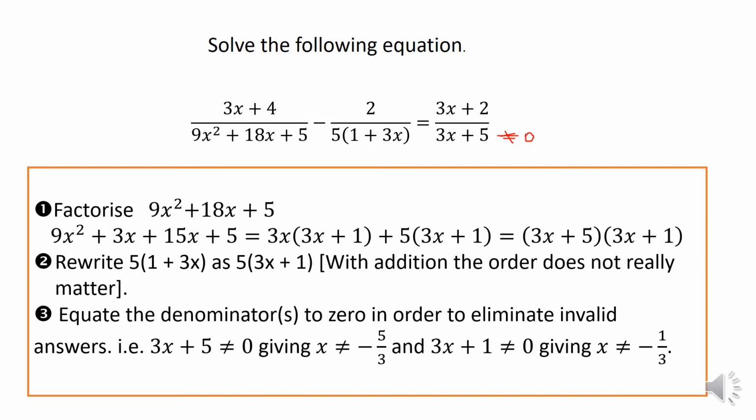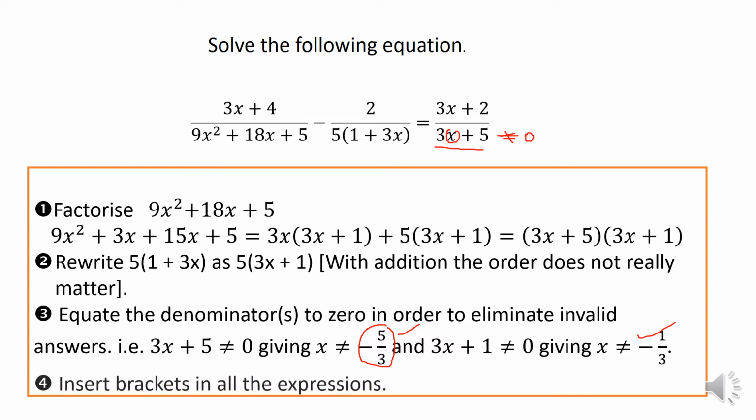So in order to know what value of x, if input here, renders this particular denominator 0, we see that if x in this particular case is equal to negative 5 over 3, then this whole equation will be undefined, or simply not possible. So you have to find out what values of x we are not going to consider as we are going on with this particular equation.